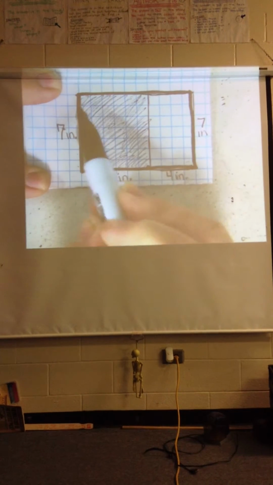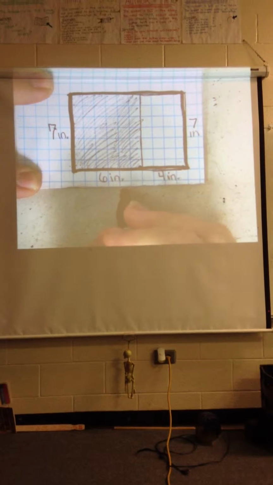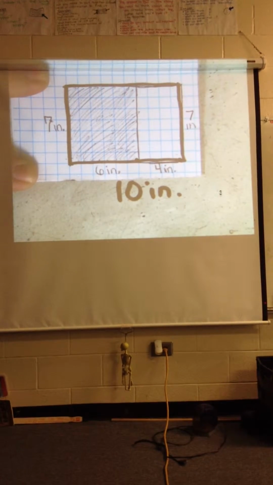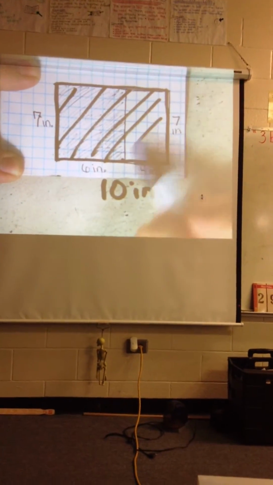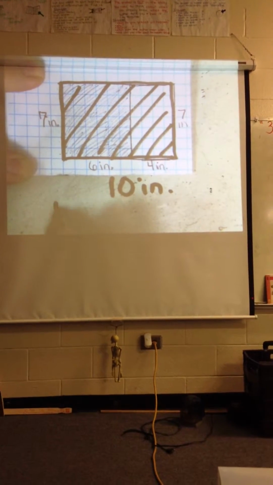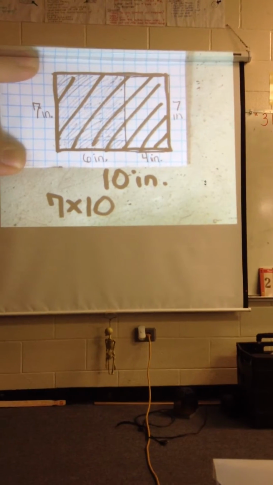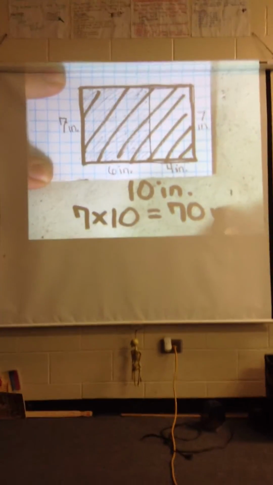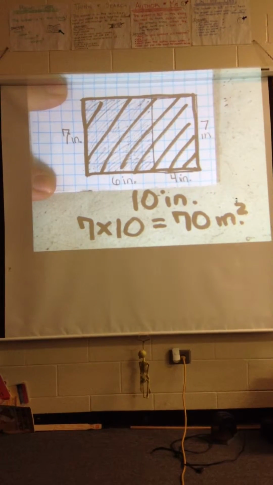So that means all the way across is 6 plus 4, or 10 inches. That means if I'm looking at the area of the entire mini garden, my equation would be 7 times 10. Kids, I know you know how to do 7 times 10, and that equals 70 inches squared, which is the exact same thing we got on the first problem.